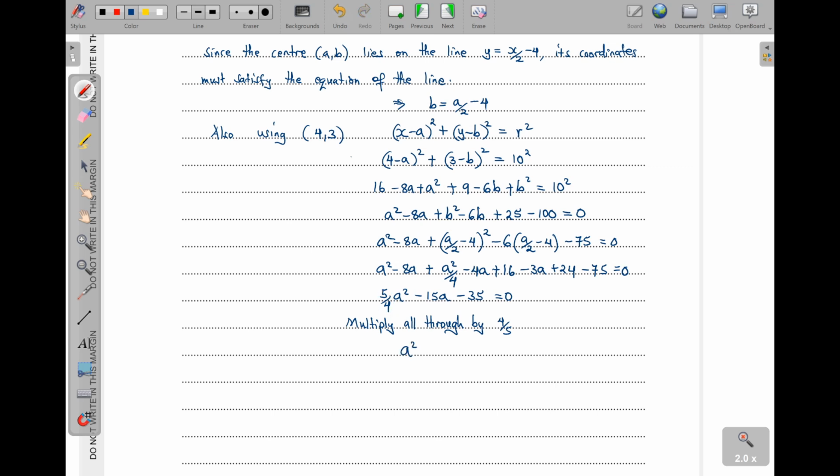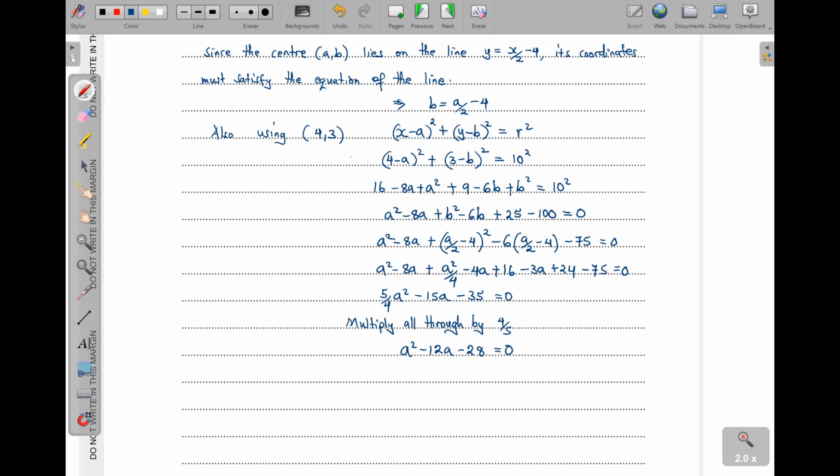I have a squared, then minus 15 times 4 over 5. This 5 goes into 15 three times, that will be minus 12, so minus 12a here. Negative 35 times 4 over 5: 5 goes into 35 seven times, so 7 times 4 will give us negative 28. So I write minus 28, and this is equal to 0.